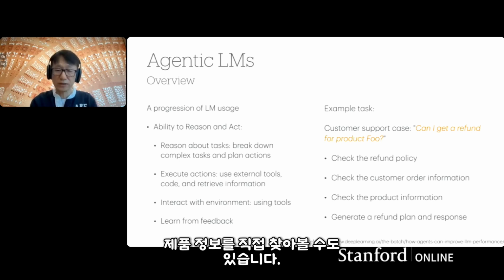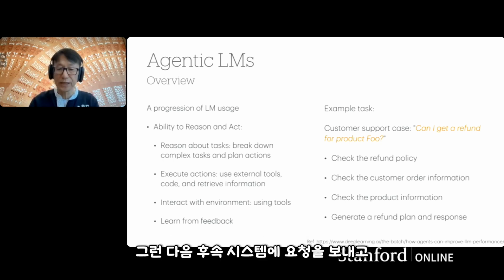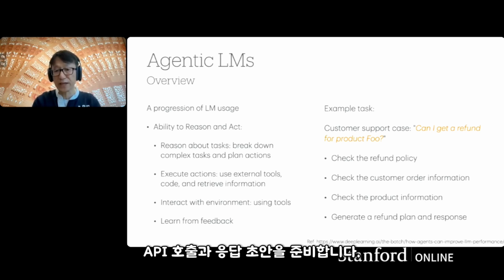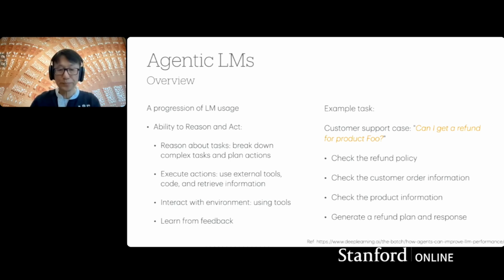The same goes for the product, so that it can collect more information and finally draw the conclusion based on the policy, the product information, and the customer order information. Then it sends a request to the follow-up system as an API call, as well as preparing a response draft, which is going to be handled by a final approver.